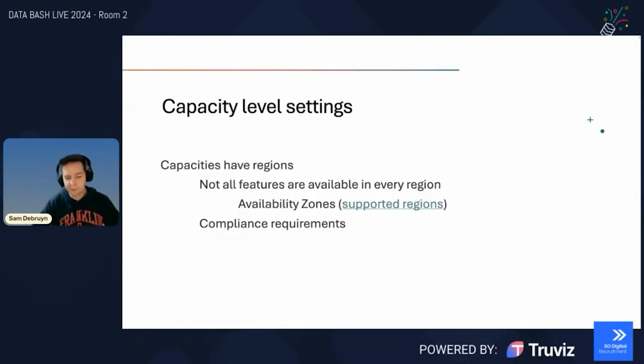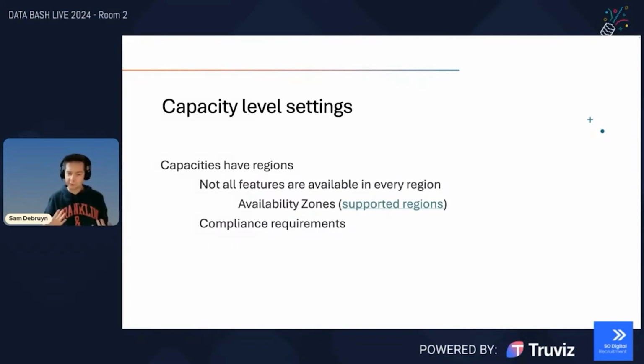We also have something else which is determined there. Capacity also has a region. Not every region in Fabric has, for example, availability zones. So if you need to guarantee a certain SLA, where if a data center goes out, your data should still be available, then you should look at the availability zones.